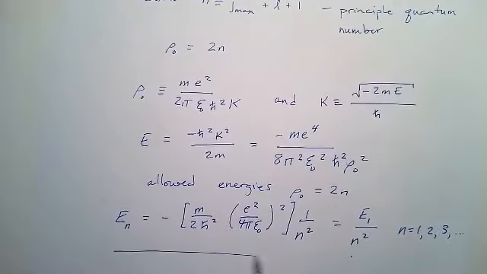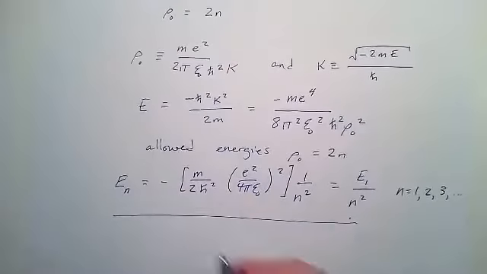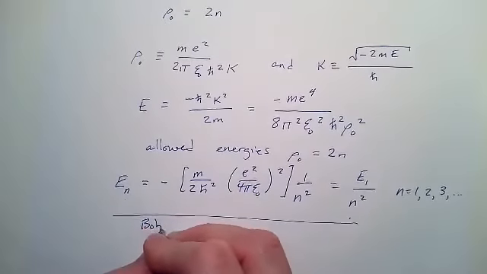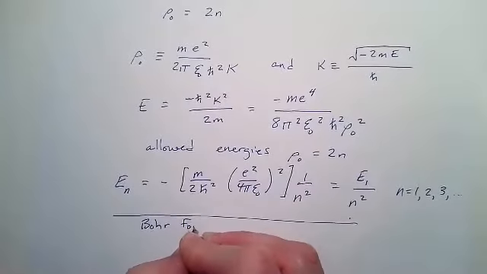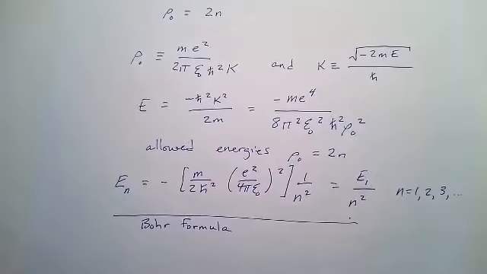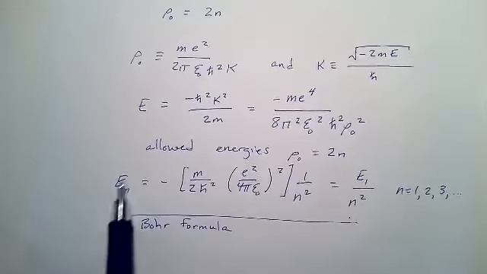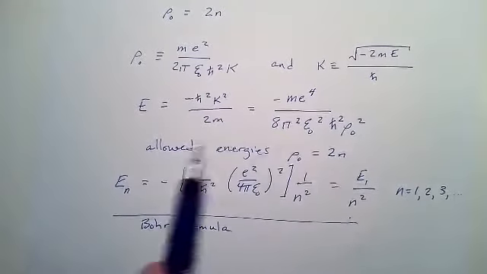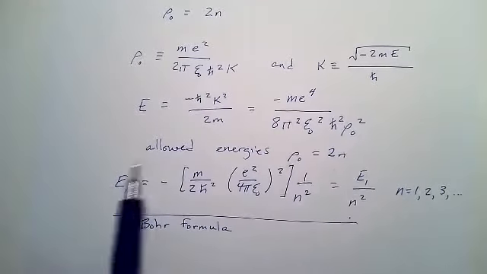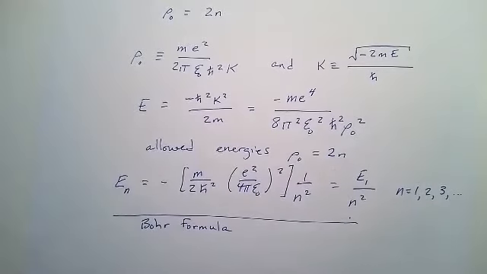This right here, this allowed energies equation, that is the Bohr formula. And so the steps from n equals 1 to n equals 2, or n equals 2 to n equals 3, and so on, are this pattern that Rydberg came up with, and Bohr's formula matches Rydberg's pattern that he saw in the spectrum of hydrogen.